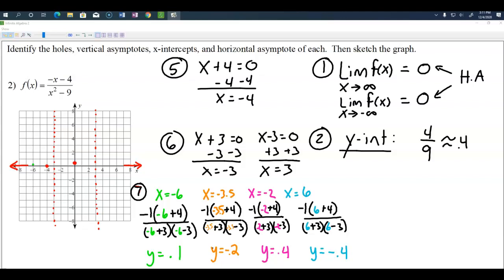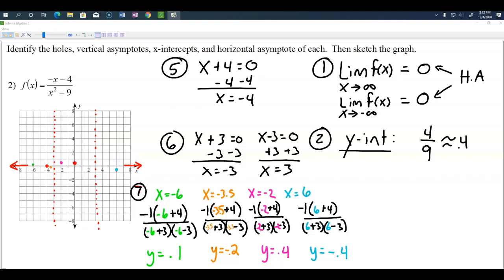So at -3.5, we're going to have a dot that's below the x-axis, probably right about there. Okay, and then for the pink one, when I plugged in -2, I got 0.4, which is going to be about in the middle. And then at 6, I got -0.4, which is going to be down here.